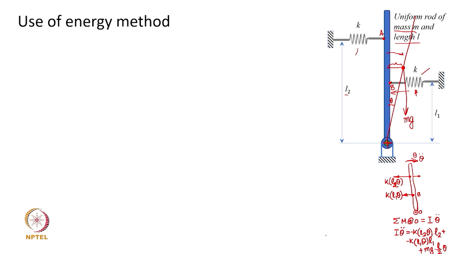So, if I write this equation that I am getting from the application of the second law, I can write this as I theta double dot plus k into L1 square plus L2 square into theta, and then of course, I will have to write this as minus mg L by 2 into theta is equal to 0.